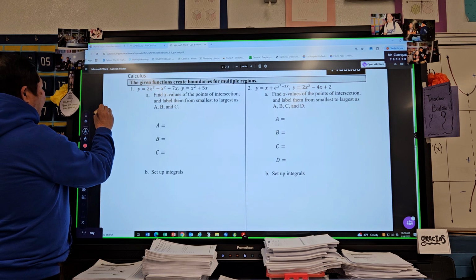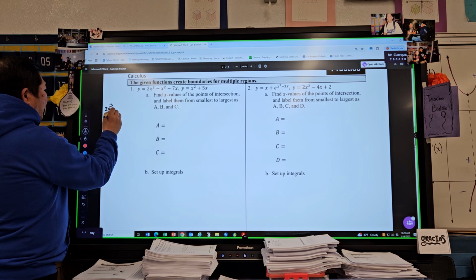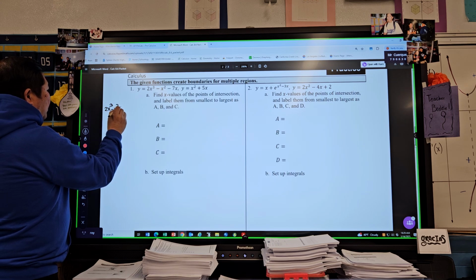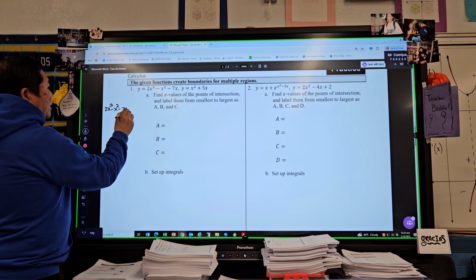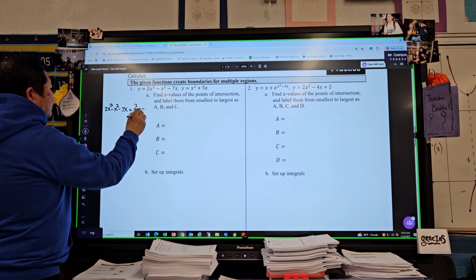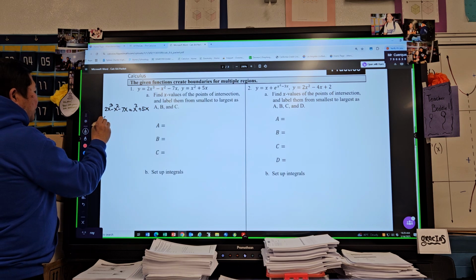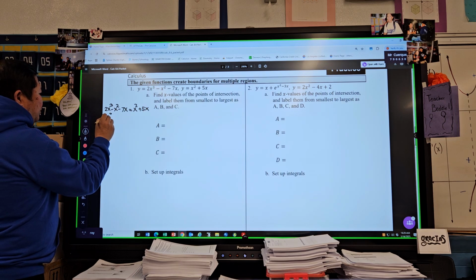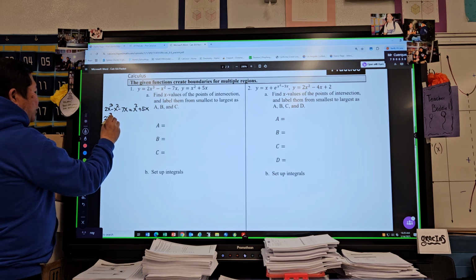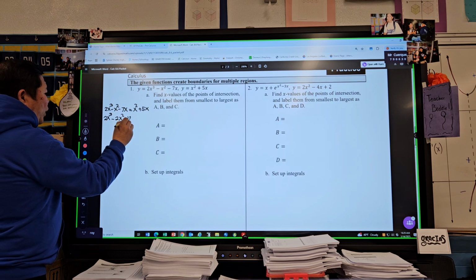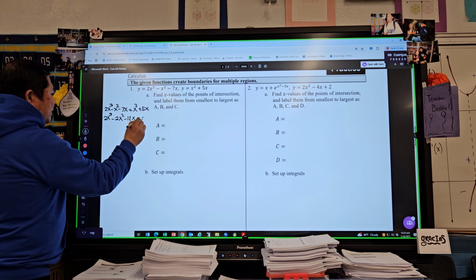So we have 2x cubed minus x squared minus 7x is equal to x squared plus 5x. This means 2x cubed minus 2x squared minus 12x equals 0.